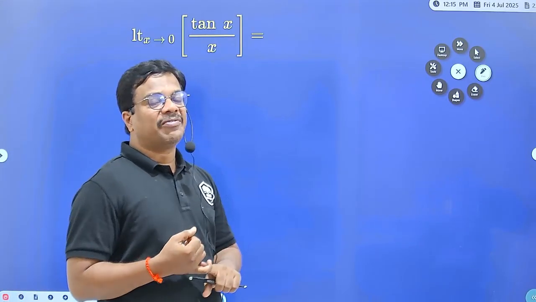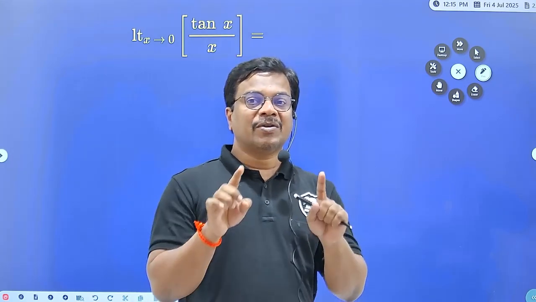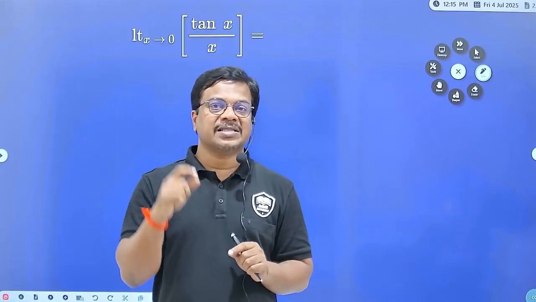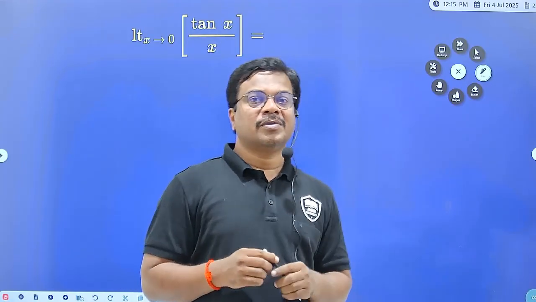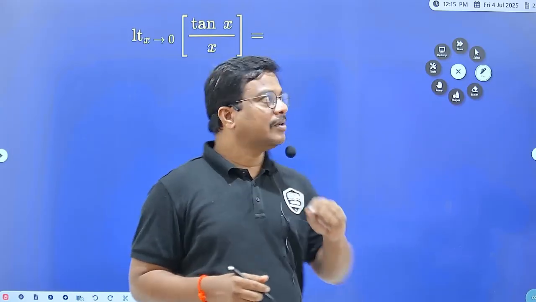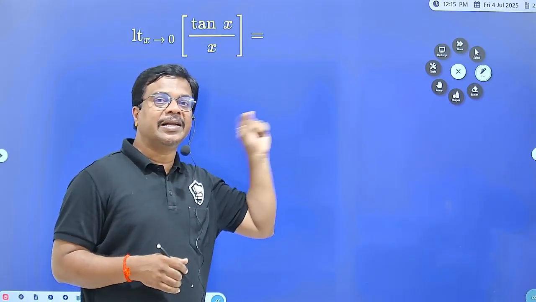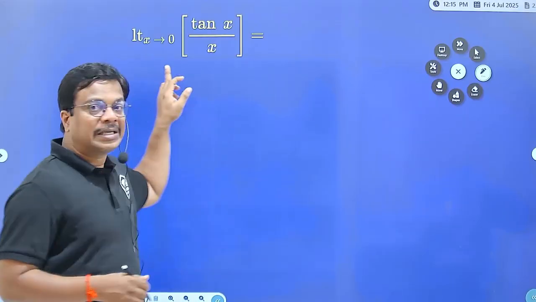You people are familiar with the standard results without the step function. Suppose the function is of the form sin x by x and tan x by x. As x tends to 0, the functional value approaches 1. But now, sin x by x and tan x by x are interior functions with respect to the greatest integer function.